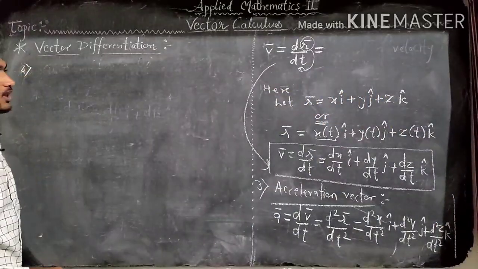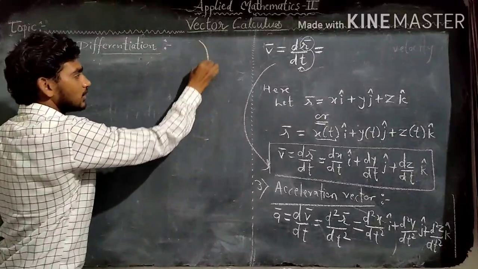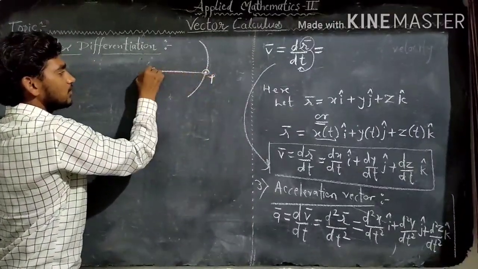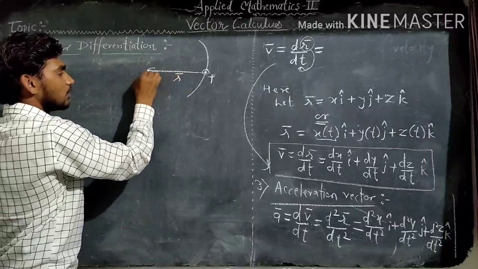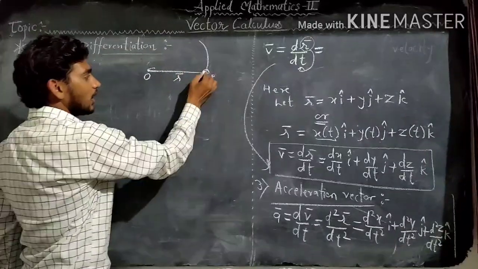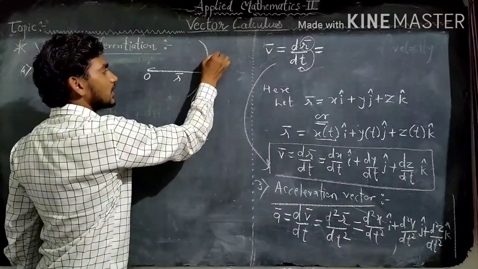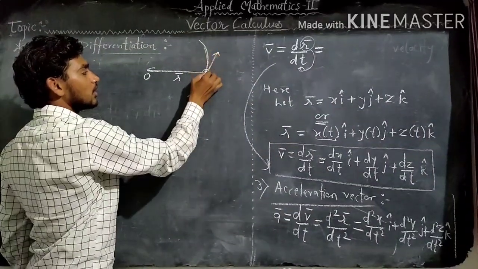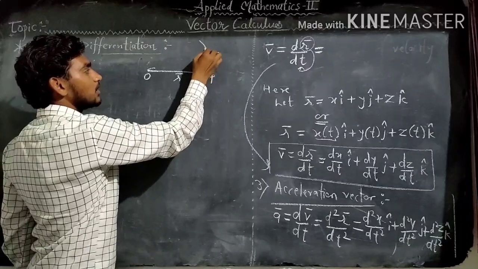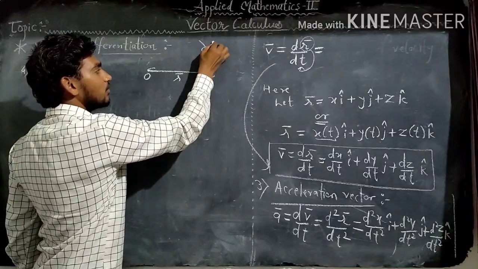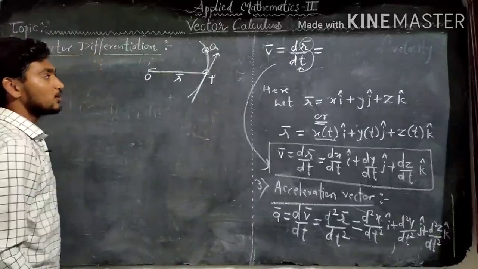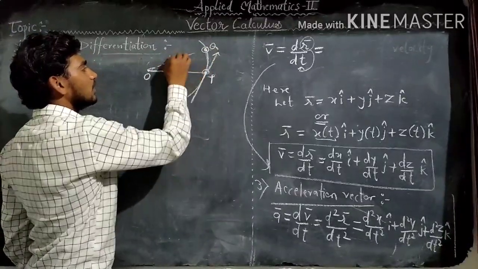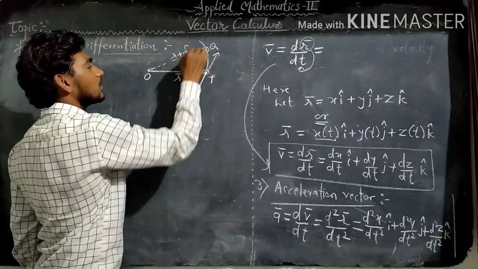Fourth important point here, consider any curve, then at point P, if this is position vector r with respect to origin, and as velocity is tangential, if particle moves along this curve, then after some time t, the particle will be at some other point, say q. If we join this point, then this will be r plus delta r.